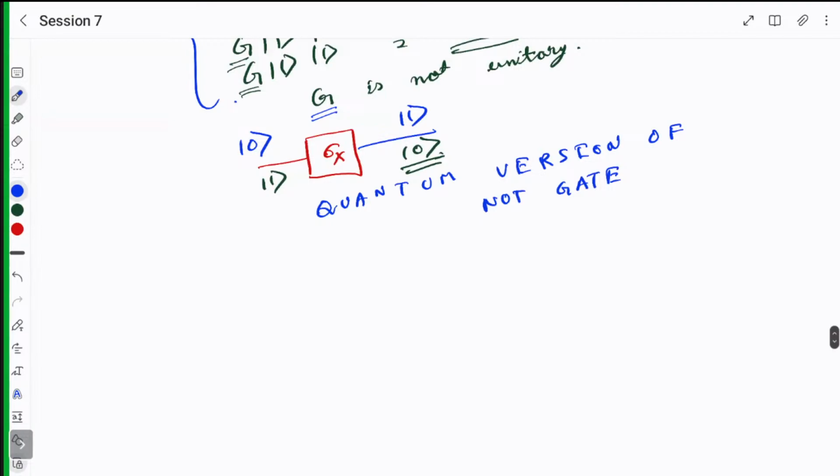You can combine them to form NAND. And NAND gate is universal.